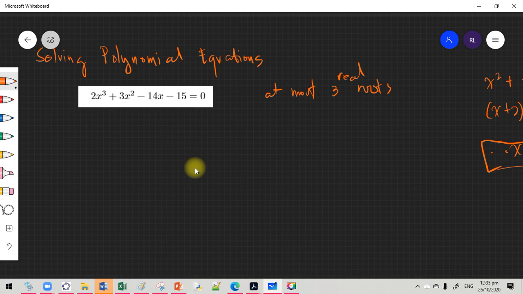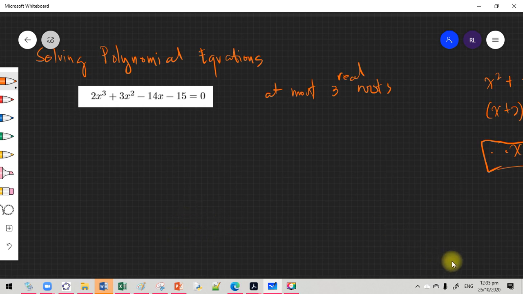We are just simply looking at the values of x, just like in the quadratic equation. Before we proceed, this is actually connected to factoring polynomials, because factoring polynomials plays a lot of roles in solving polynomials.